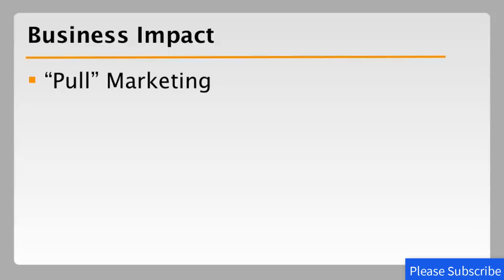That's a push medium. They're pushing their message to as many people as possible, trying to hit the few that actually need it. Search engine optimization works on a completely different principle, because what's happening with search engine optimization is that you're pulling people in. People are searching for something. They are taking an active role in the marketing. They are going to a search engine and saying, I need this.